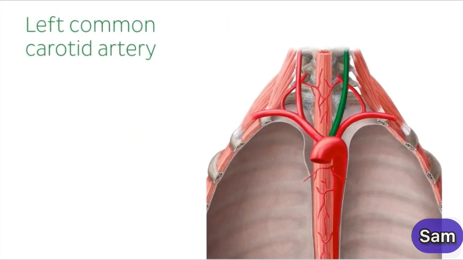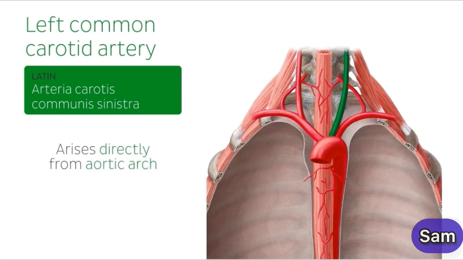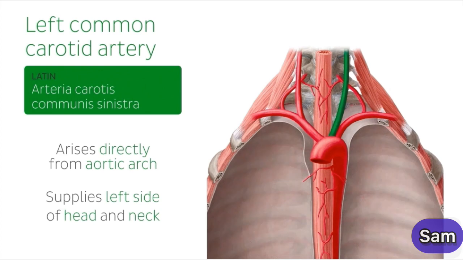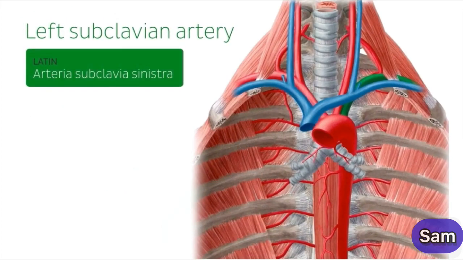While the right common carotid artery arises as a branch of the brachiocephalic trunk, the left common carotid artery arises directly from the aortic arch. It courses superiorly within the left carotid sheath, supplying the left side of the head and neck. Similarly, while the right subclavian artery arises as a branch of the brachiocephalic trunk, the left subclavian artery, highlighted in green, arises directly from the aortic arch.